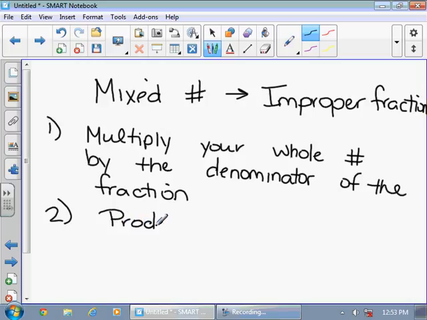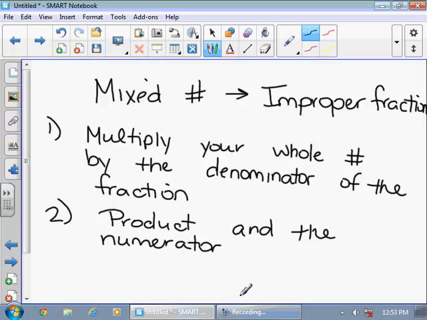Now you're going to take that product, which is the answer to what you just did right here, and you're going to add the numerator. And this is the top number of your improper fraction.